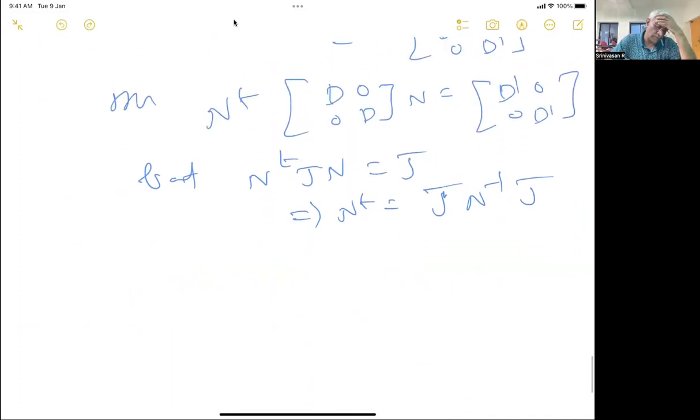N transpose J N equals J, so then you take N transpose, J inverse.